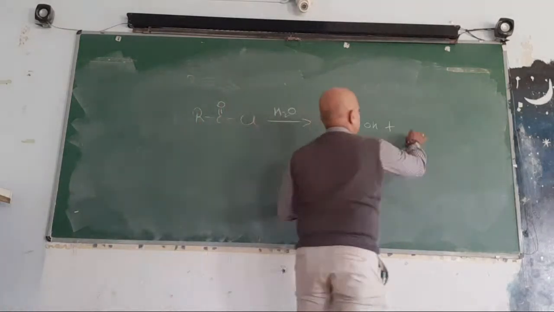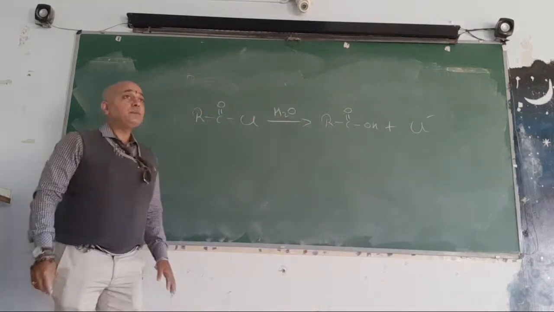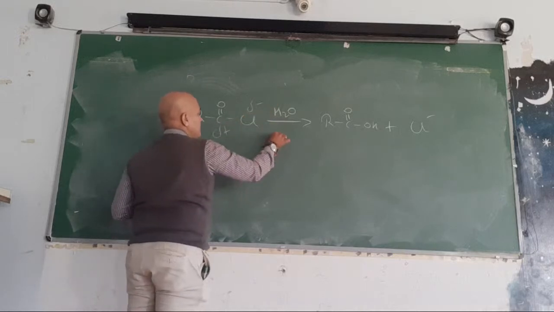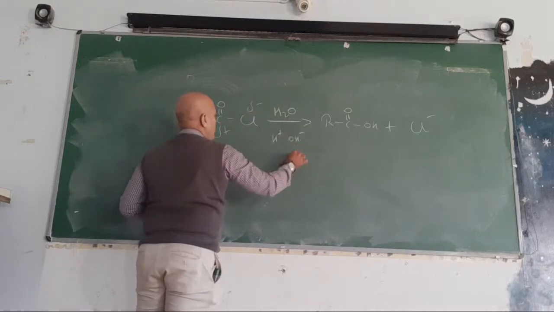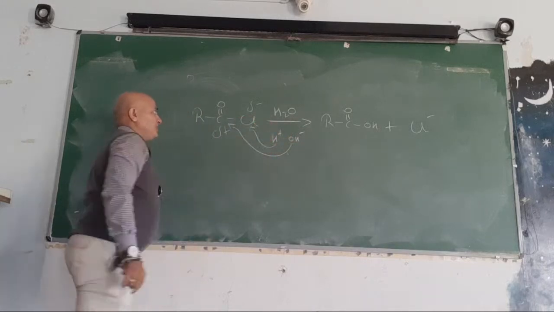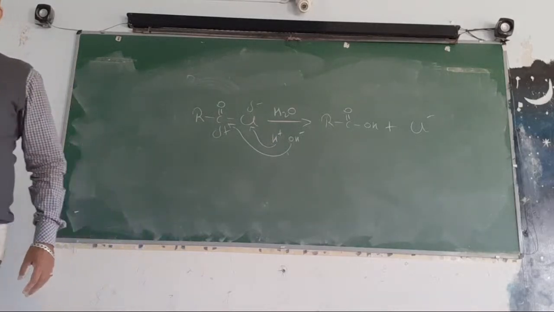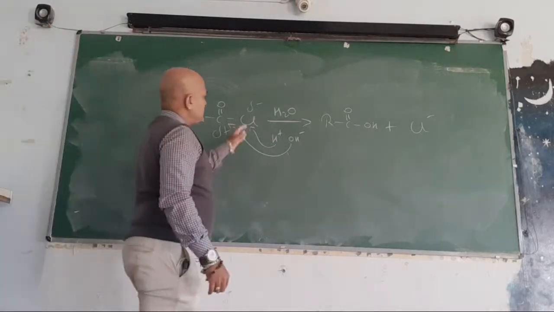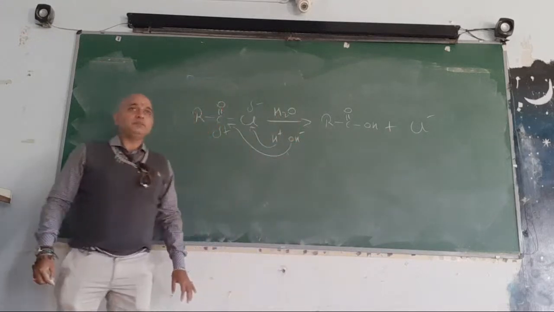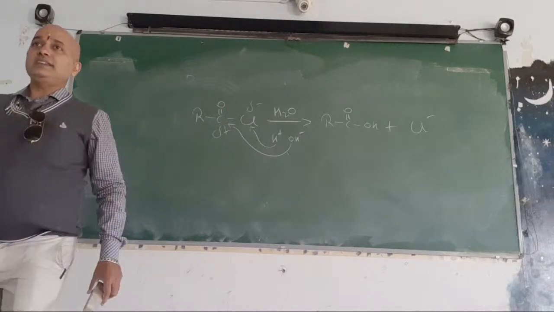So we can show it as Cl minus. Delta negative, delta positive, water: H plus, OH minus. OH minus will come here, H plus will go here. So the product will actually be HCl and carboxylic acid only, but since HCl is always dissociated, we can show it as Cl minus.